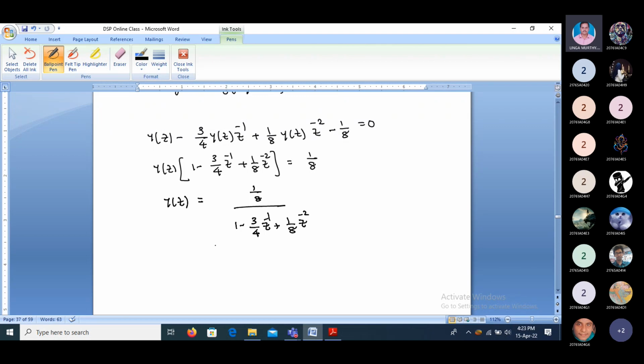So now what are they asking? They are asking for the natural response, so y of n is needed. For this, apply the inverse z transformation. So the inverse z transformation of Y of z is equal to, what is the value? y of n.